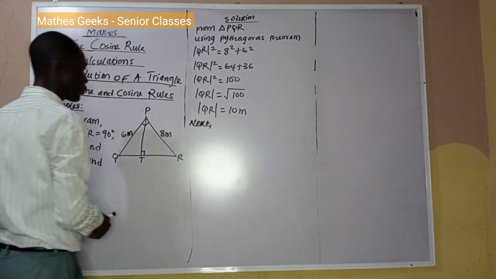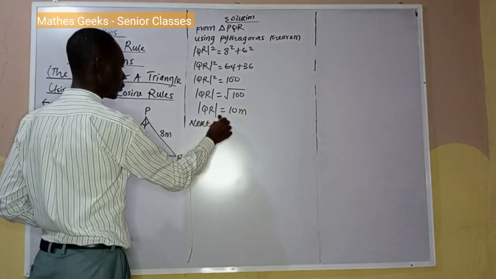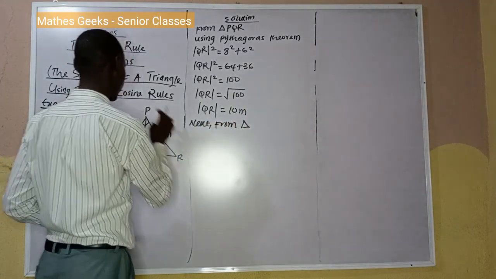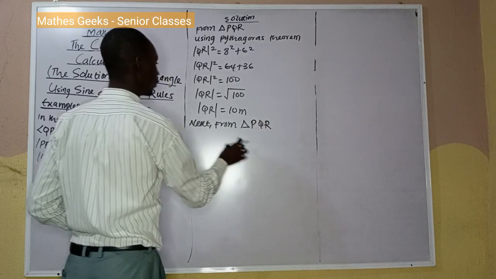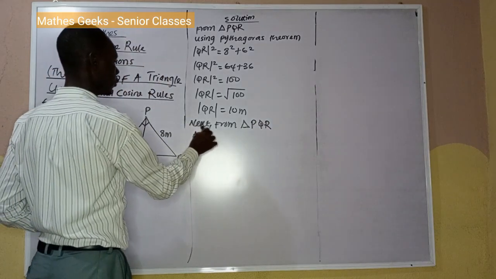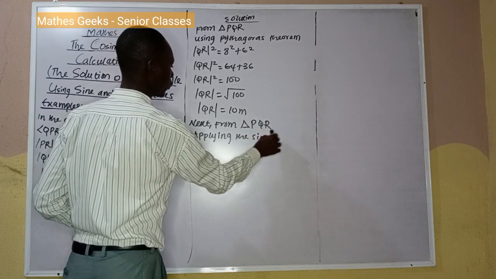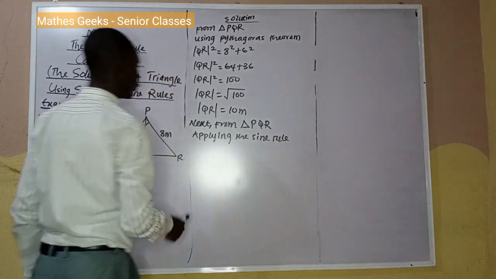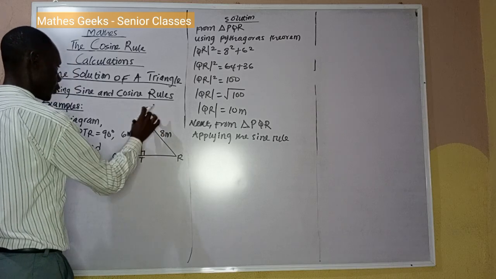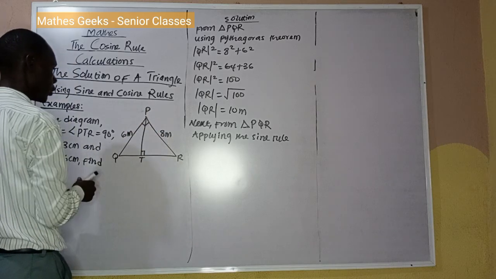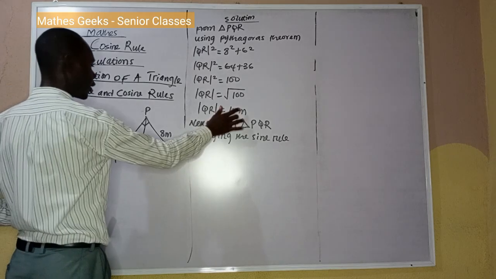Next, on triangle PQR, applying the sine rule. Angle P is 90 degrees and is known, and QR is known, which is 10 meters.